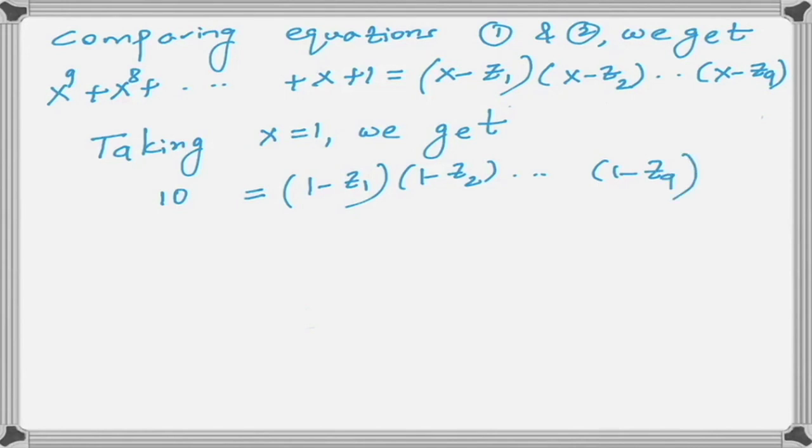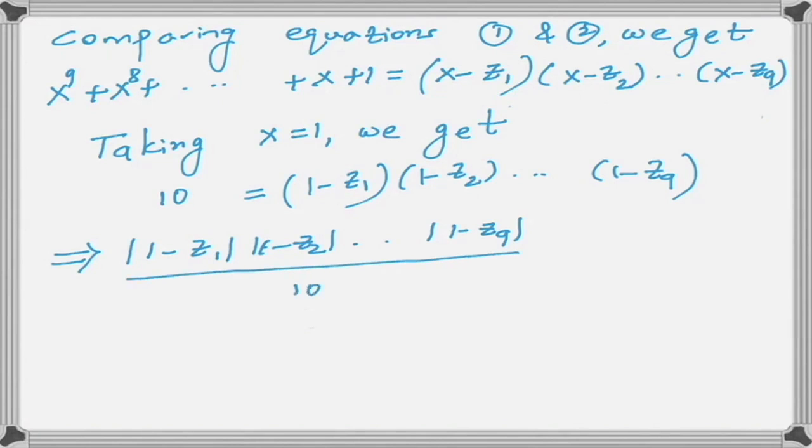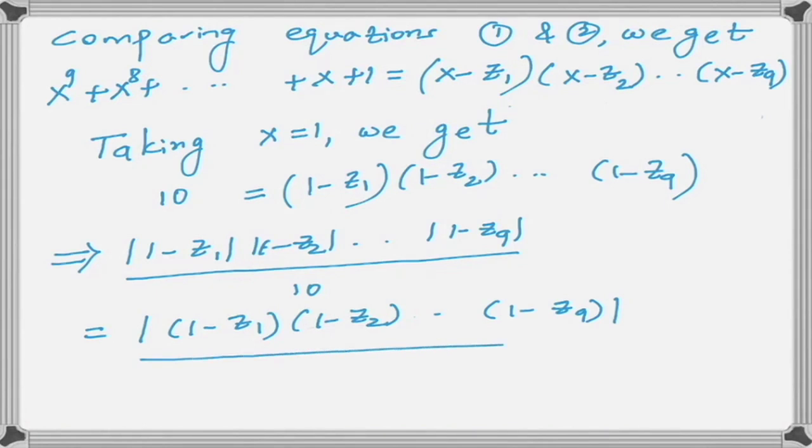So this will imply that the absolute value of 1 minus z1 times the absolute value of 1 minus z2 and so on up to the absolute value of the complex number 1 minus z9, divided by 10, is equal to the absolute value of the complex number (1 minus z1) times (1 minus z2) and so on up to (1 minus z9), divided by 10, is equal to 10 by 10, which is equal to 1.